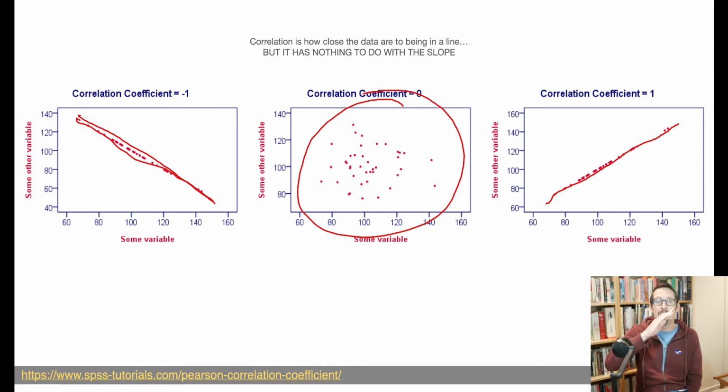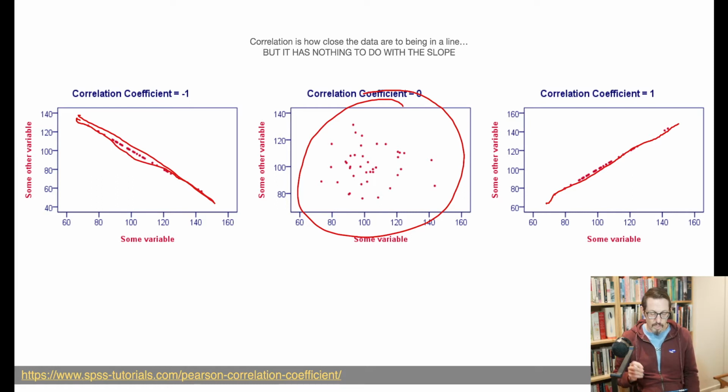That's exactly a perfect line. And then as these dots get wider and wider around that line, and it gets towards a blob, we get to 0. And then as the dots coalesce again around a positive slope, then we get to 1.